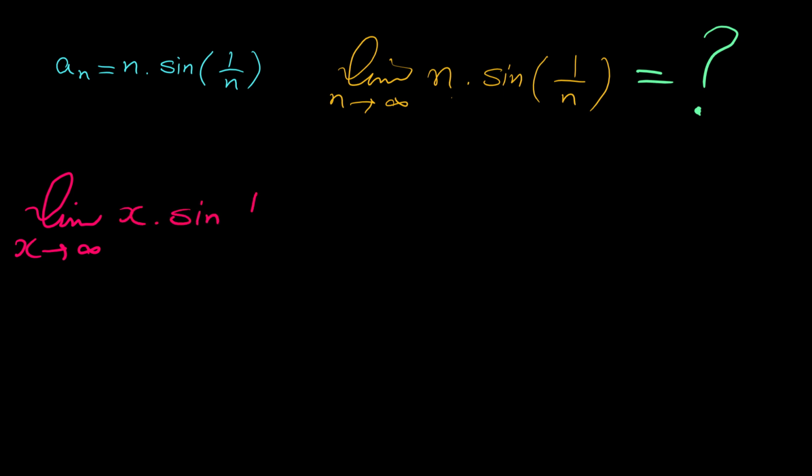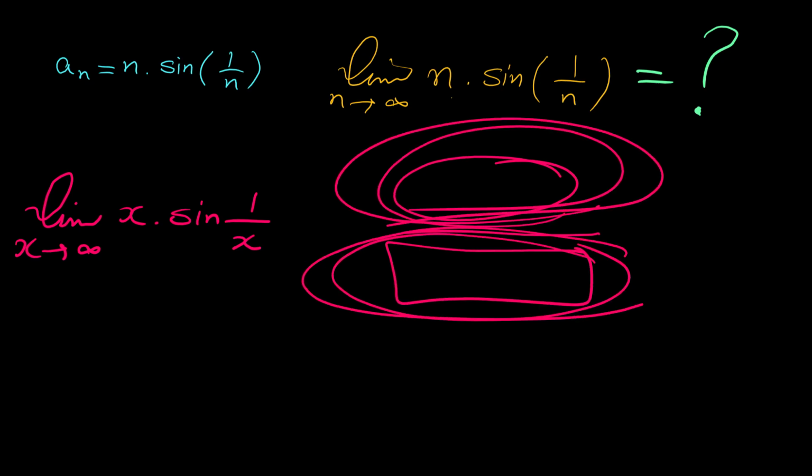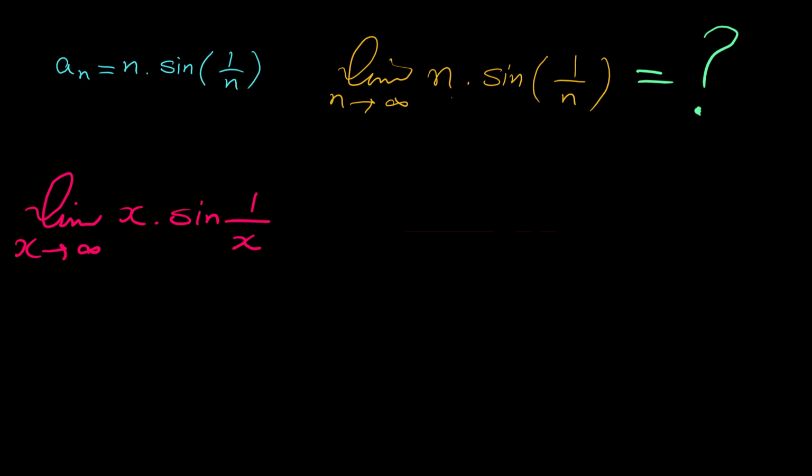We need a numerator and a denominator, then we can take the derivative of numerator and denominator separately, and then we can find the limit. But here we have a product of x times sine of 1 over x. We need something in the top, some expression in the bottom, a separate fraction. So we have to think about how we can make this into fraction form.